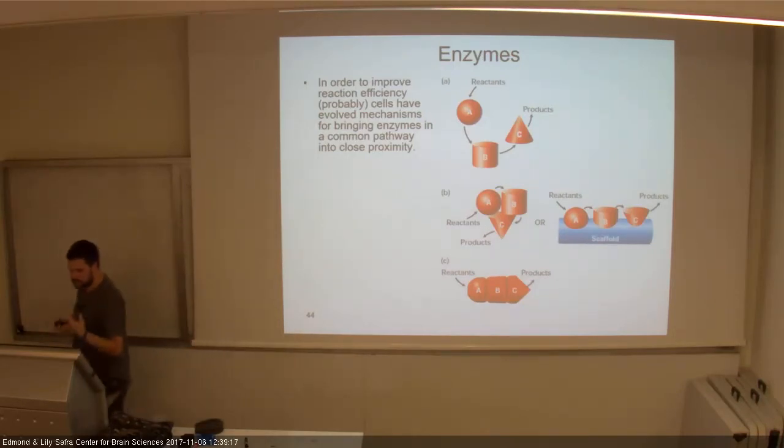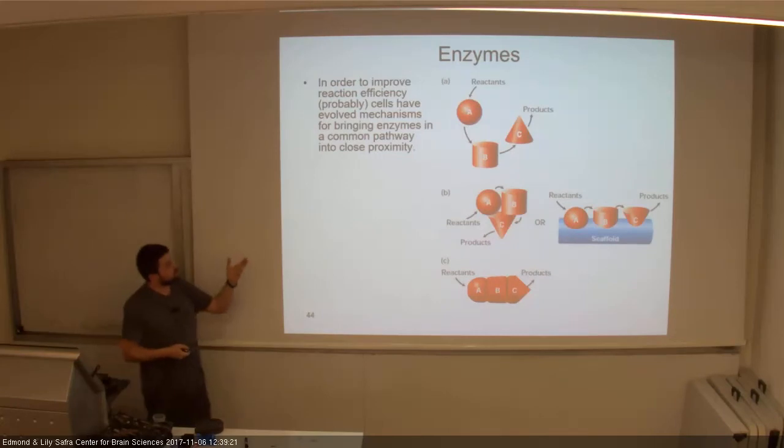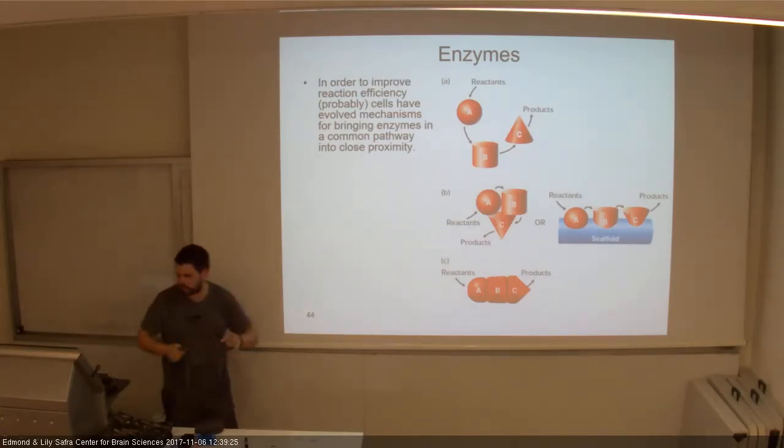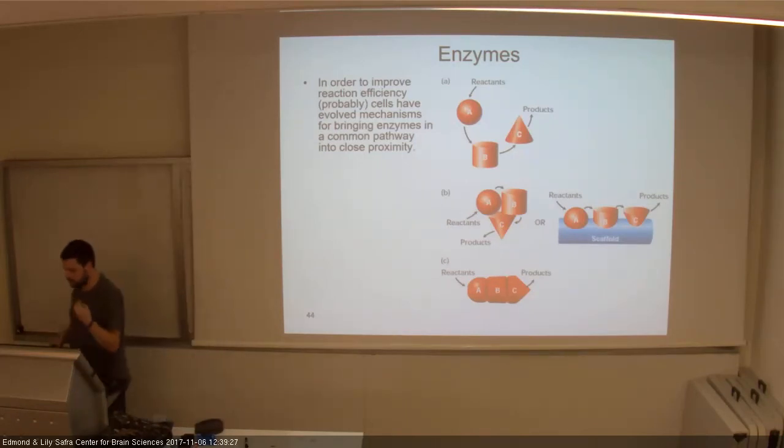So in the cell, much like in a factory, enzymes that are linked together in the process, and the materials that they form, will be in close proximity to one another.